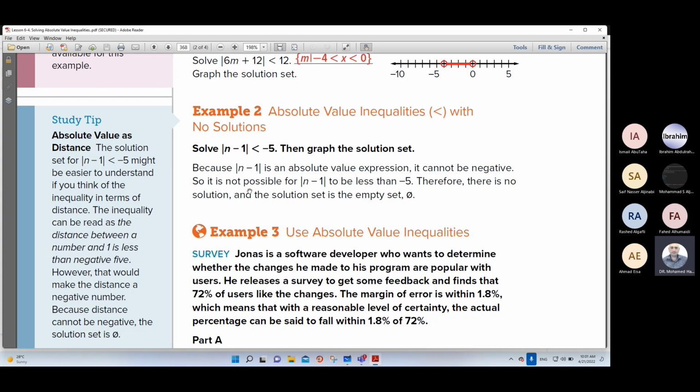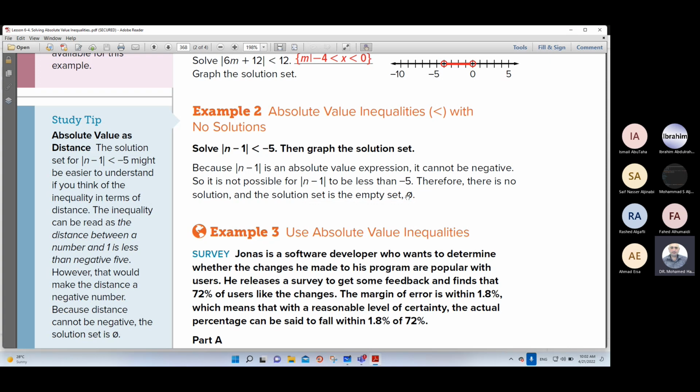So it is not possible for the absolute value of n minus 1 to be less than minus 5. So therefore, there is no solution, and the solution set is the empty set.